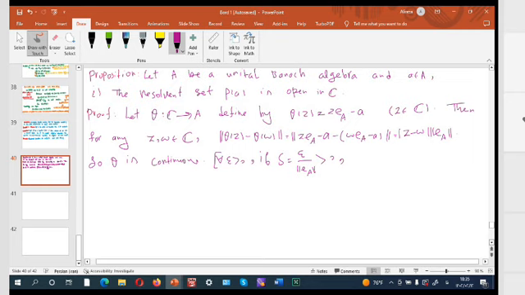Then we have this implication: if the absolute value of Z minus W is less than delta, then the norm of theta of Z minus theta of W is less than epsilon, okay, because this is less than delta and delta equals this. This multiplied by this equals epsilon. Okay, this theta is continuous.